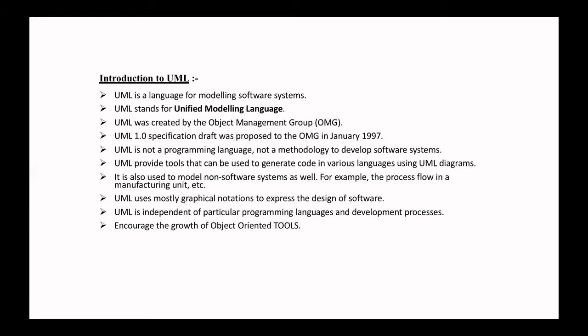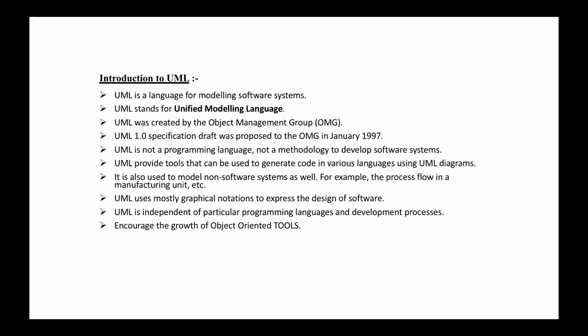As I told you, the UML represents a collection of the best engineering practices that have proven successful in the modeling of large and complex systems. The UML is a very important part of developing object-oriented software and the software development process.